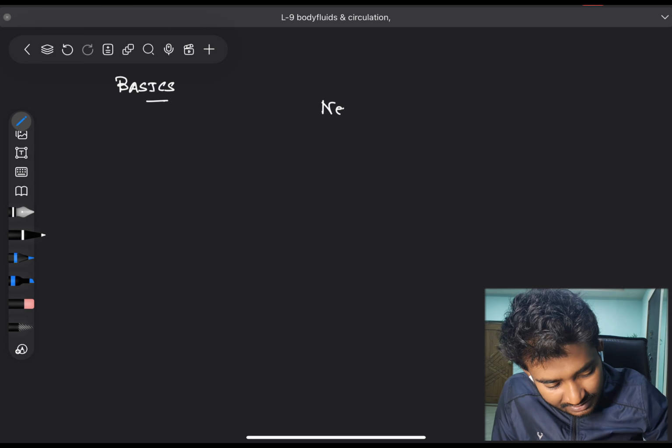It is also a center in the medulla. Okay, now what happens next? Let these be the two centers. These two are in the medulla. Now what happens?